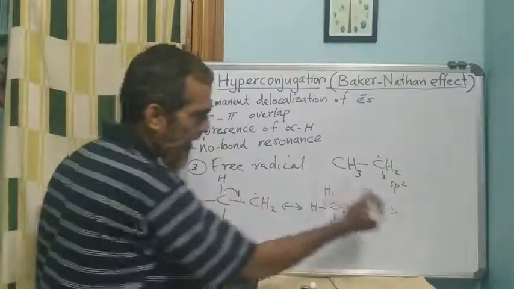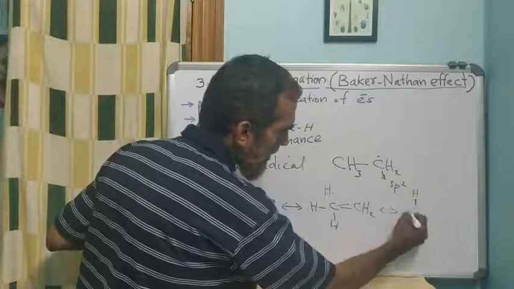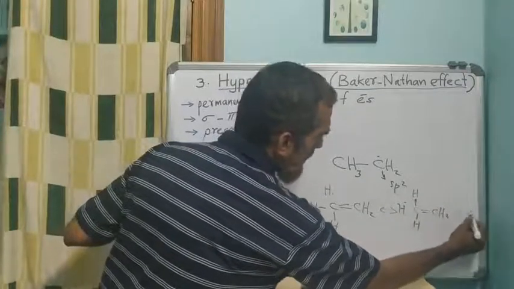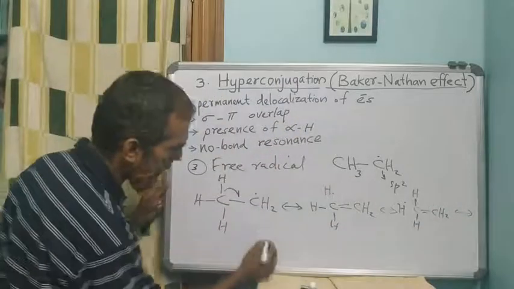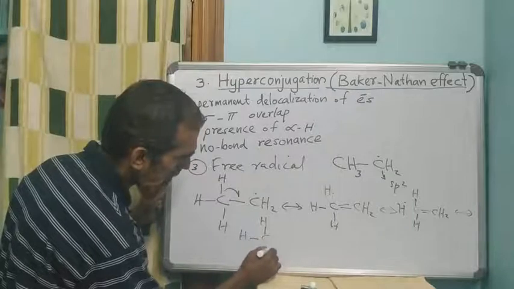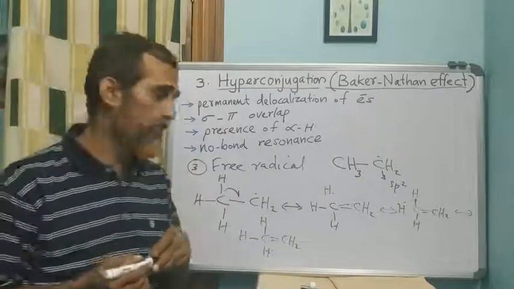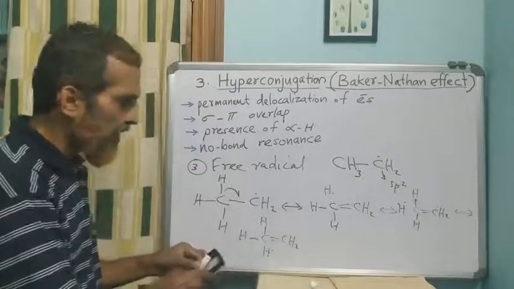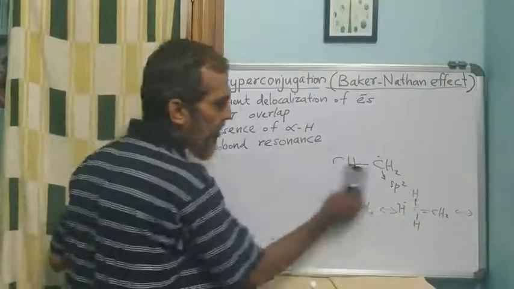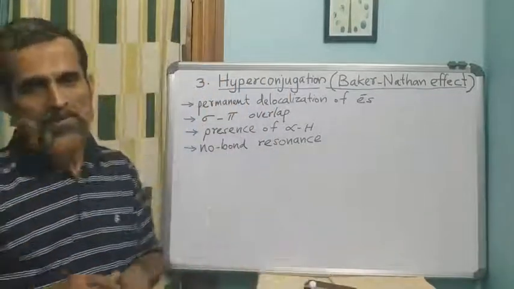Using this alpha hydrogen, the structure will be now like this, H dot double bond CH2, and the third structure using this alpha hydrogen will be H dot double bond CH2. Here also we have 3 hyperconjugative structures. So these 3 classes of compounds or species exhibit hyperconjugation generally.